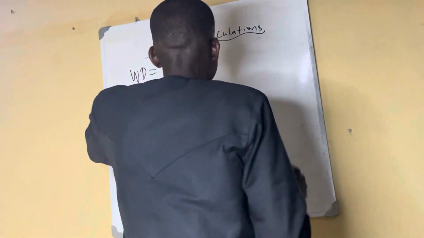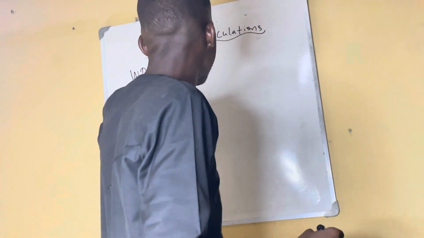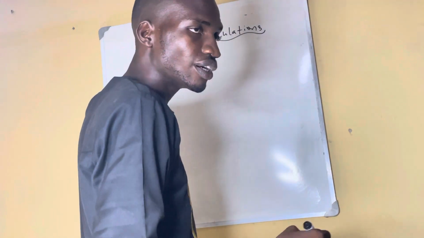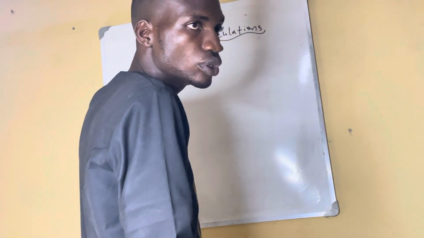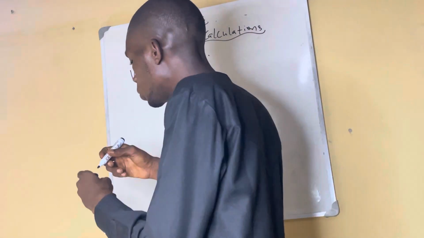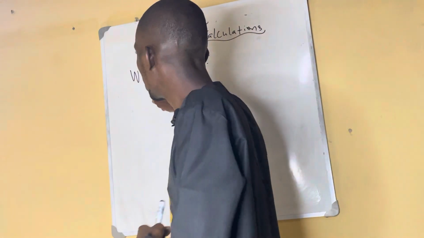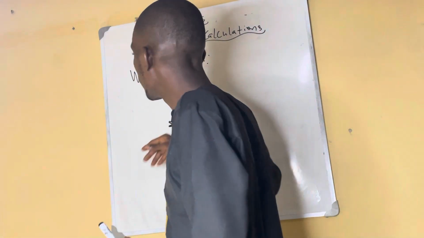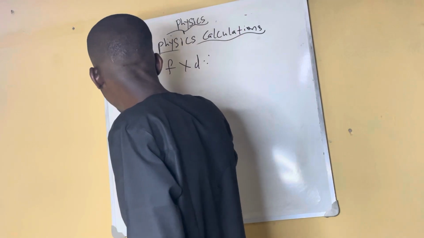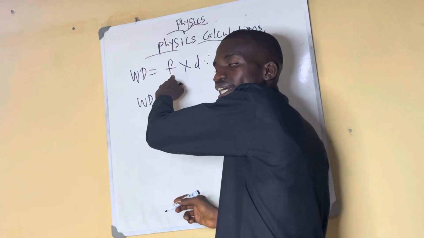So now they might give you force and distance, and you find work directly. They might give you force and ask you to find distance, when they are already giving you the work. You now make distance the subject of the formula. But in a situation, they might even use mass and acceleration. Do you understand? Mass and acceleration in the question. So you know that work can also be, you can substitute mass and acceleration.